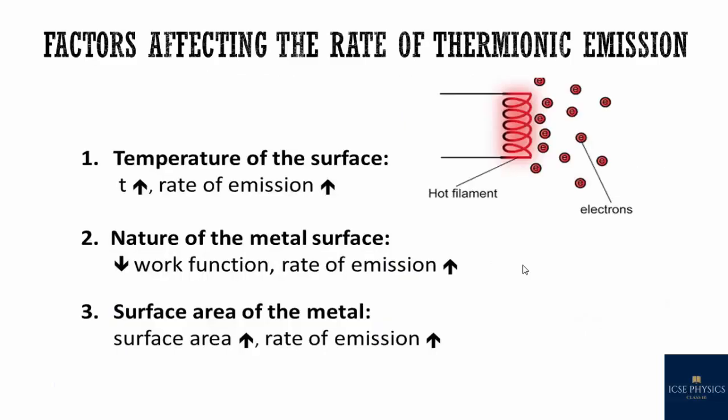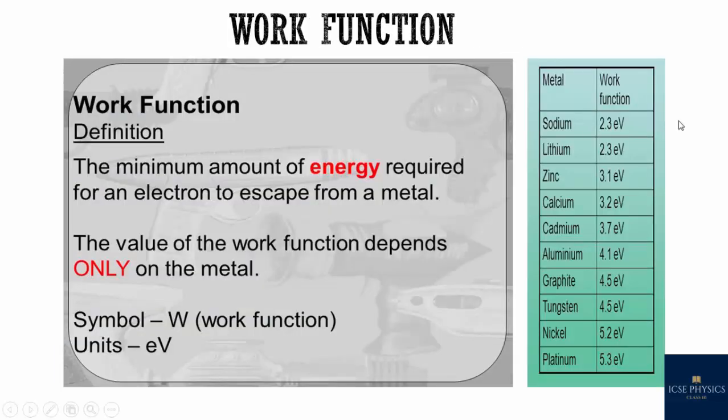Now, what are the factors which affect the rate of thermionic emission? First, the temperature of the surface. If we increase the temperature of the surface, the rate of emission will be more. Then, nature of the metal surface. If the work function is less, then obviously the rate of emission will be high, as shown here.